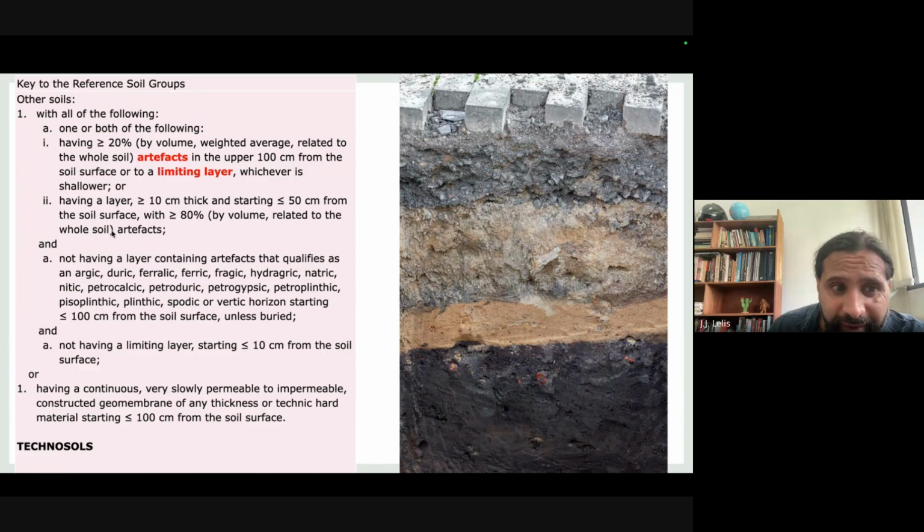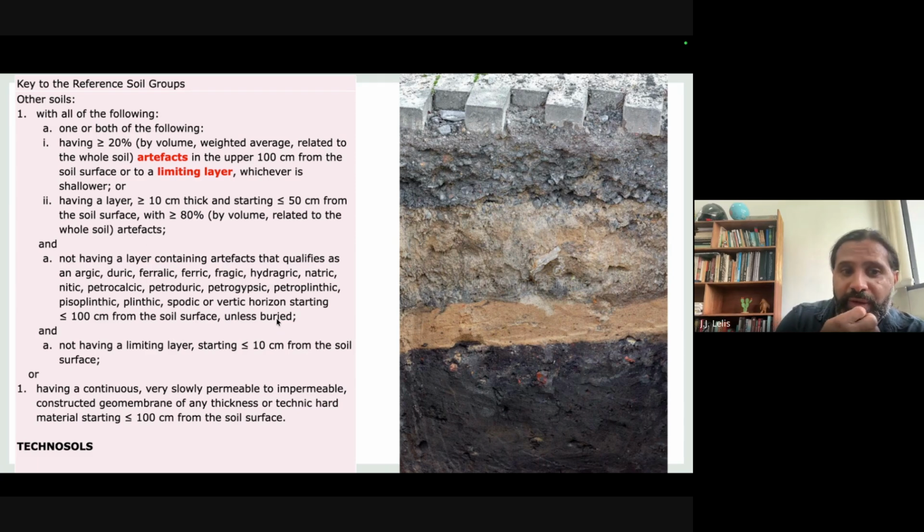Okay, and so number one or number two, and it should be letter B, I'm sorry, not having a layer containing artifacts that qualifies as anthraquic, duric, ferralic, ferric, fragic, hydragric, natric, nitic, petrocalcic, petroduric, petrogypsic, petroplinthic, pisoplinthic, plinthic, spodic, or vertic horizon in the first 1 meter below the soil surface unless they were buried.